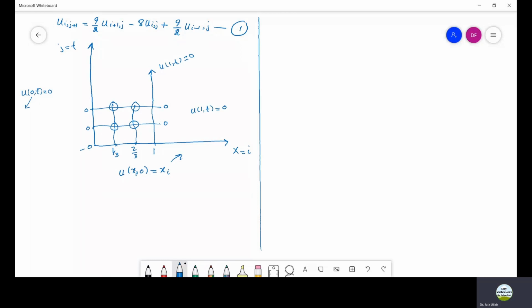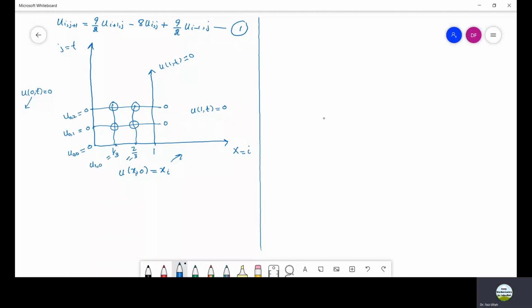So on this value, x is 0 and j is also 0. So this is the value of u0,0. This one is u of, now i is 0, but j is 1. And this is the value where i is 0, but j is 2. This one is the value where i is 1 and j is 0.